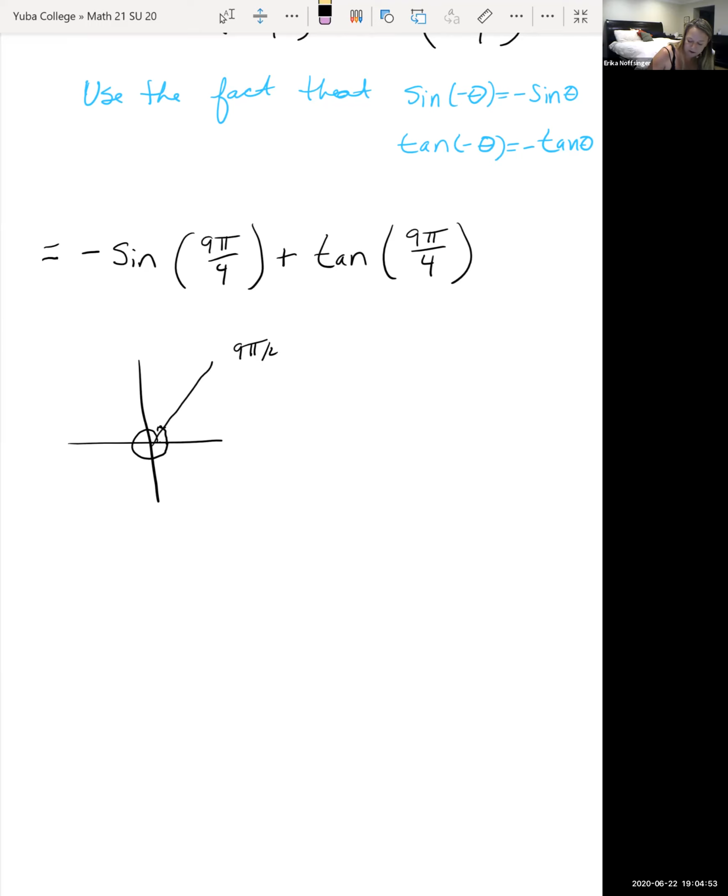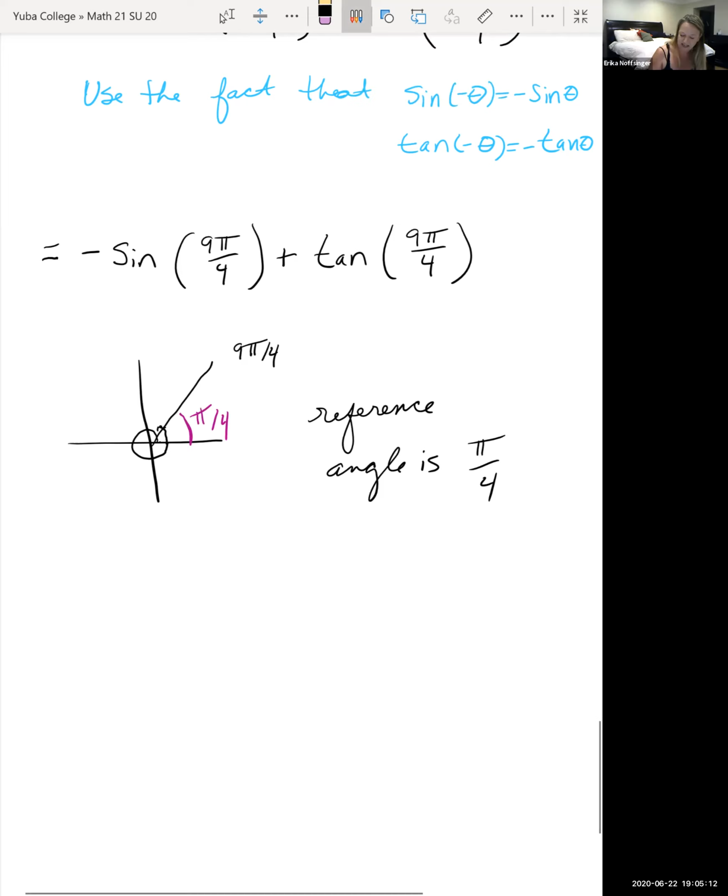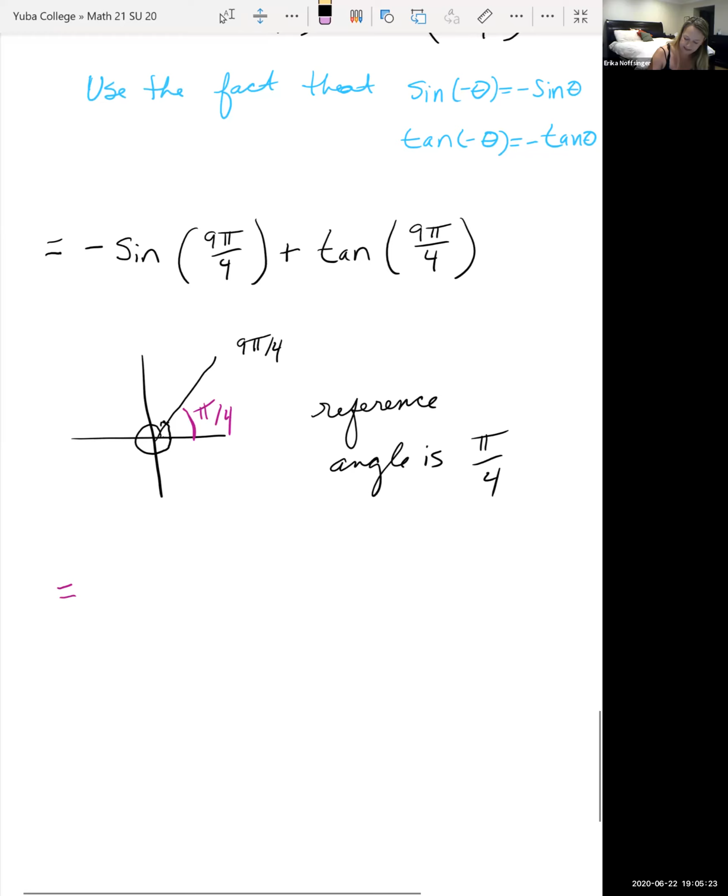So I know my reference angle is pi fourths. So I have negative, and we're in the first quadrant, so it's the same. This is contained in quadrant 1.